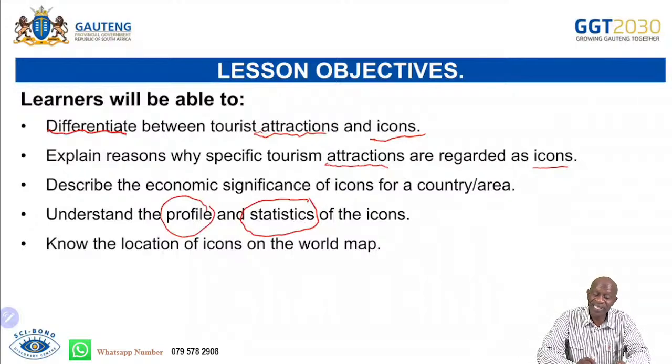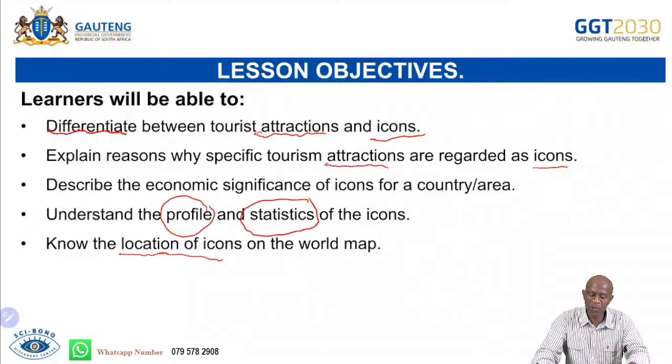Also, coupled with that, you need to know the location of the icon, where it is situated, in which city, in which country, in which town or in which area. That should be an aspect of concern to you when you deal with world icons.